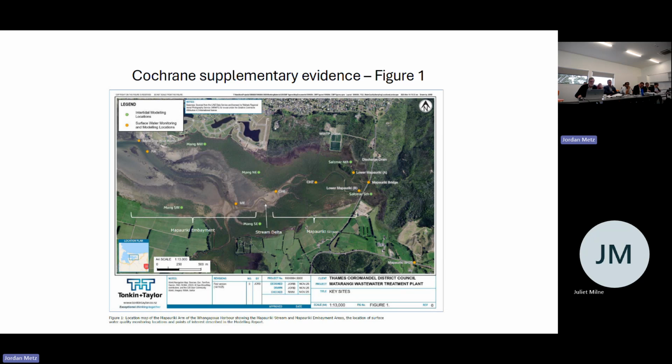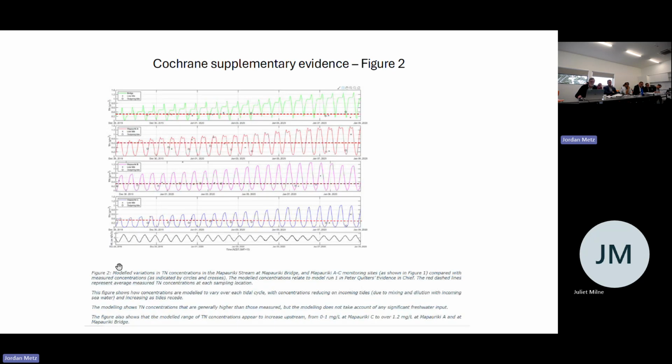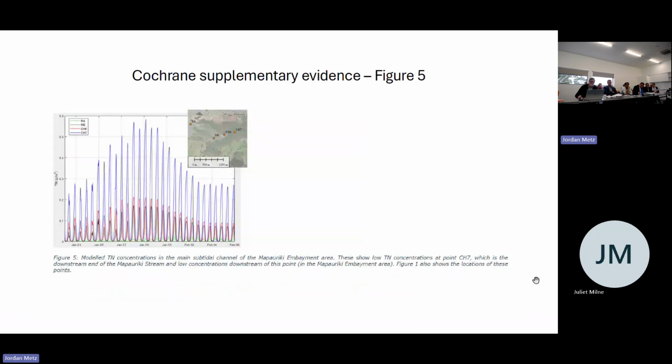Now, I will just point you to figure 5. Keep going down, and it should be in sequence. It's a wee bit difficult to see there, but there are model TN concentrations, and this is in the base case of Mr. Quilter, that shows the model concentrations at the boat ramp. That's in green, labelled RA.